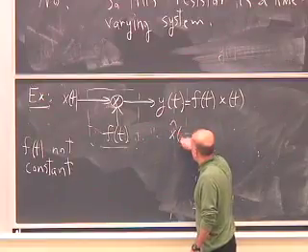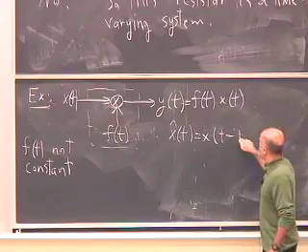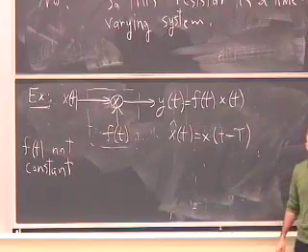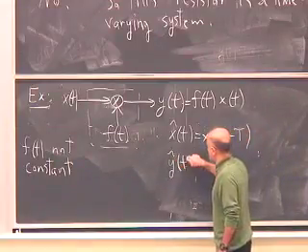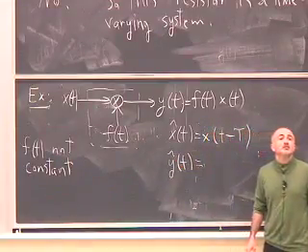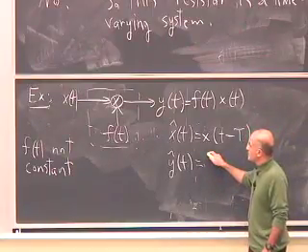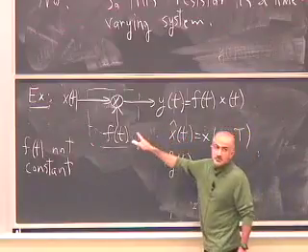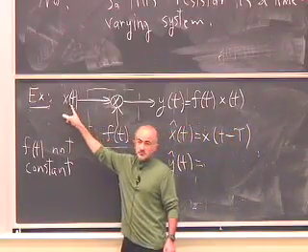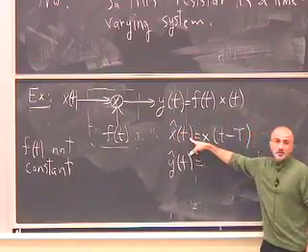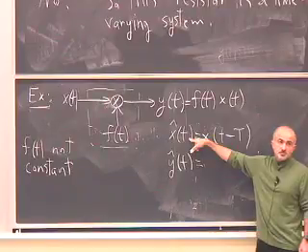x hat is x of t minus capital T. So you shift the input signal. Corresponding y hat is... wait. This system takes any input signal you give it, in this case x hat, and multiplies it by f of t at any instance in time.